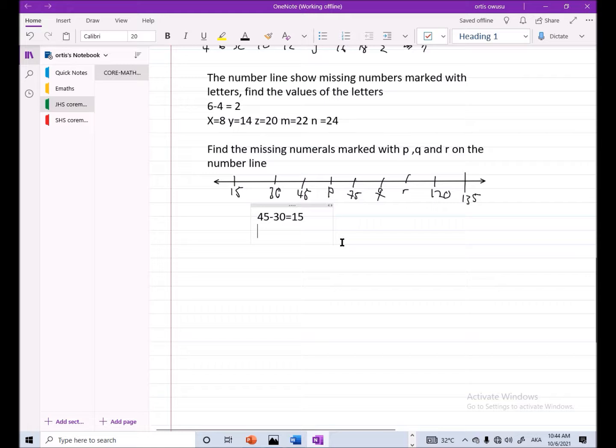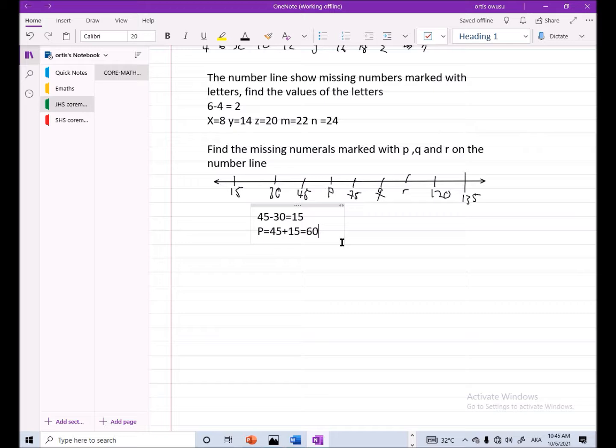I write P equals 45 plus 15, which is equal to 45 plus 15 is what? 60, right? 60.